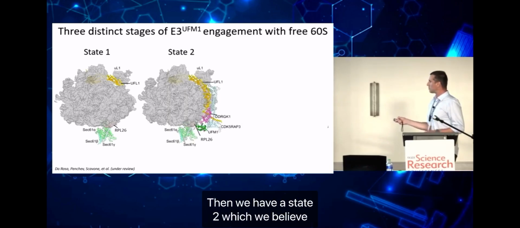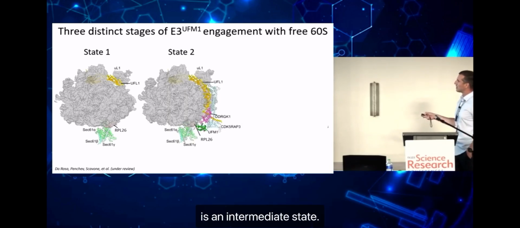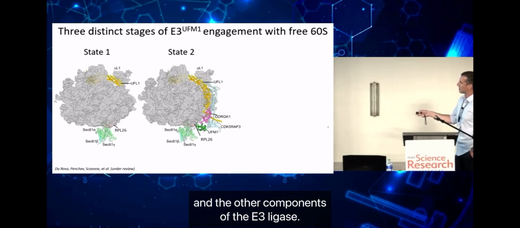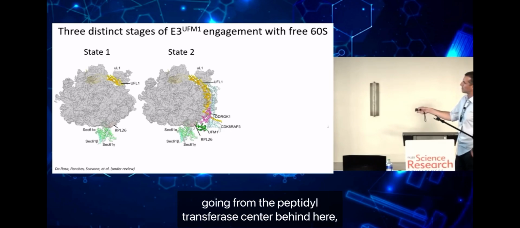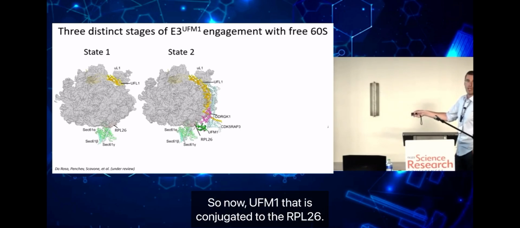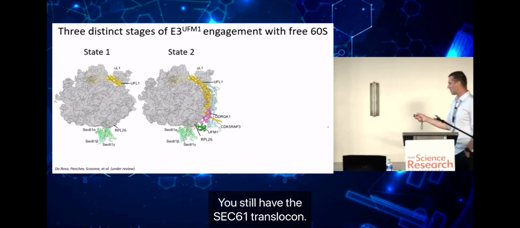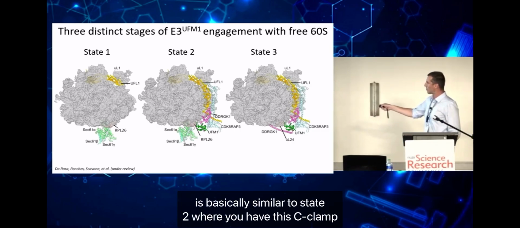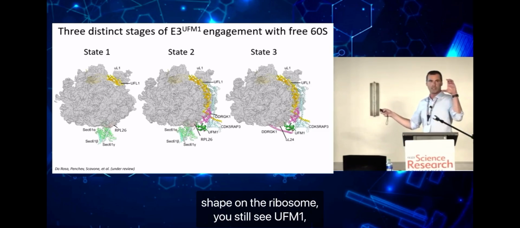Then we have state 2, which we believe is an intermediate state. Now you resolve another part of UFL1 and the other components of the E3 ligase, and you see that it's wrapping around the ribosome, going from the peptidyl transferase center behind here until close to the exit tunnel. Now you have UFM1 conjugated to RPL26, and you still have the Sec61 translocon. Then we found state 3, which is basically similar to state 2, with this C-clamp shape on the ribosome.